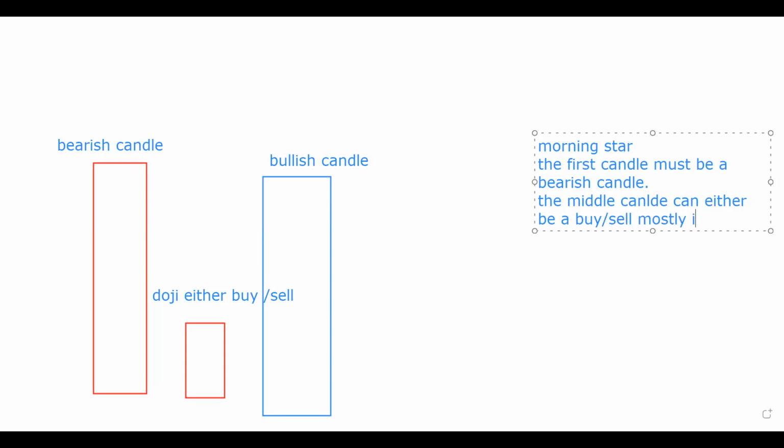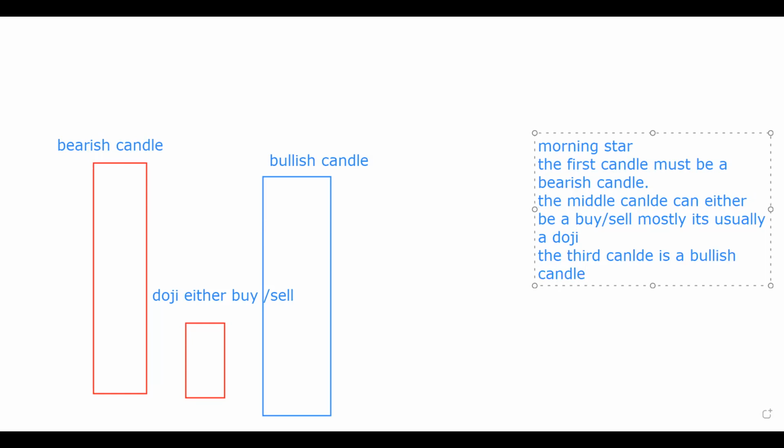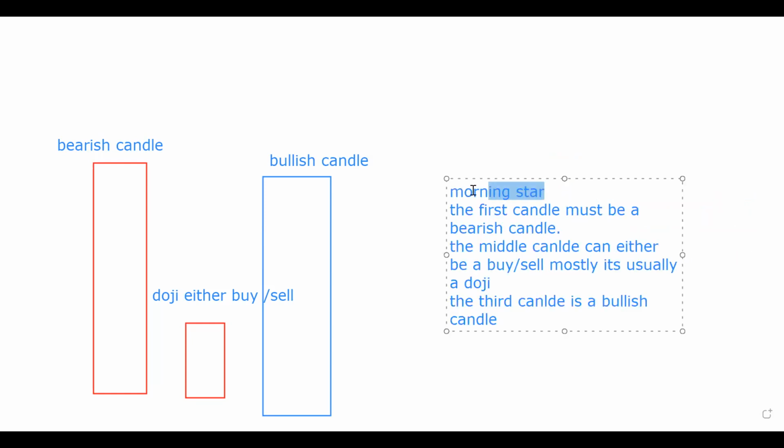Mostly, it's usually a doji. The third candle is a bullish candle. Those are the three rules for the formation of the morning star. That is basically a morning star.